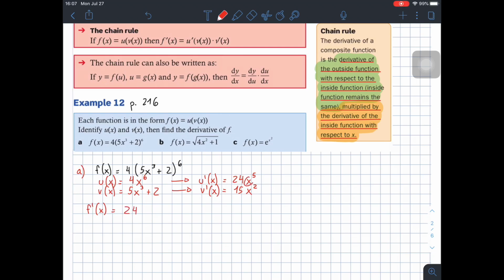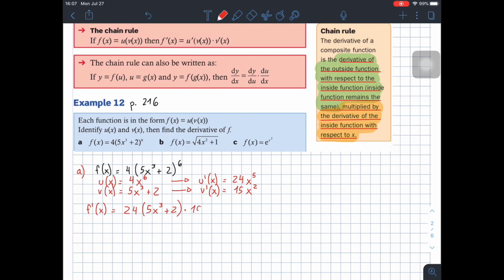Instead of writing x, I need to write the original v function, which is 5x cubed plus 2. So that's exactly what I'm going to do: 24, but instead of writing x, I write 5x cubed plus 2. And then we multiply this by the derivative of the inner function, which is 15x squared.